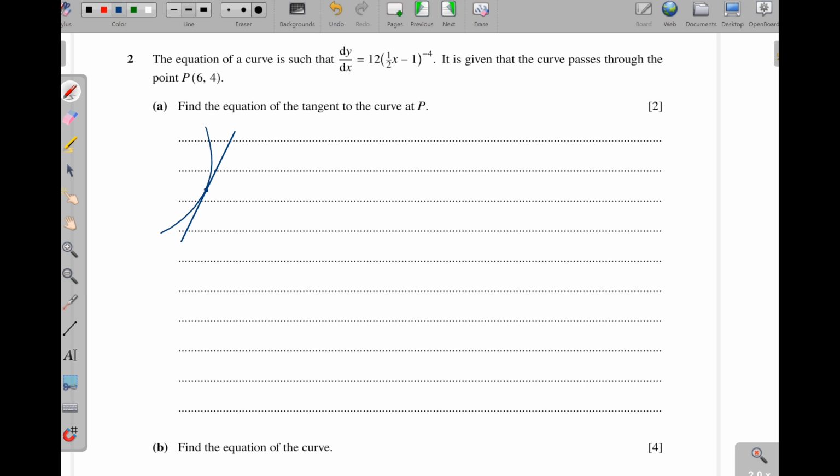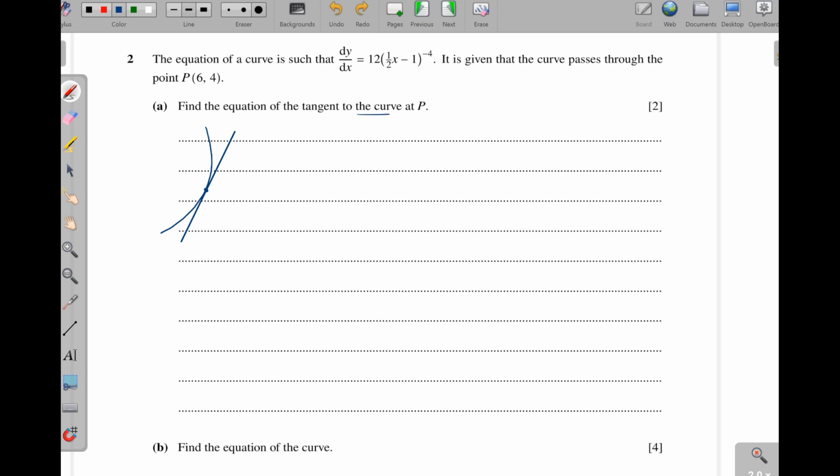You see that? Because the gradient between any 2 points on the straight line is always constant, and for the curve, it is always changing. It is always different at those different points. So that's why when it comes to the curve, they have to give you the reference point on that curve. You see that? All right.